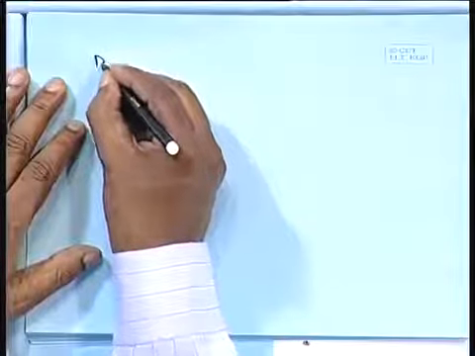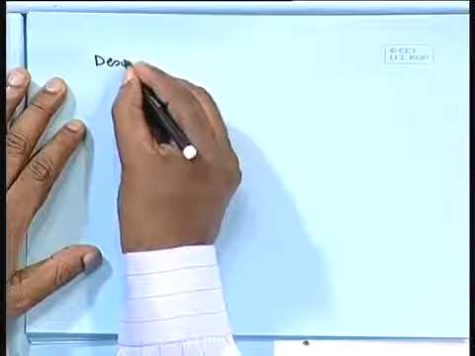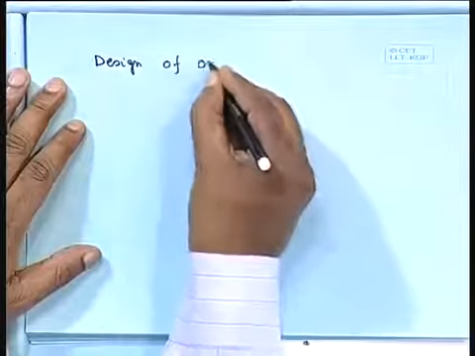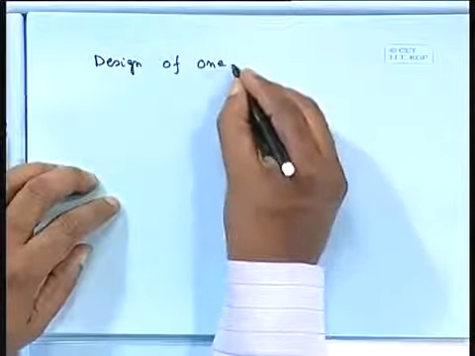So, our problem, let us start with one example. Design of one-way slab.